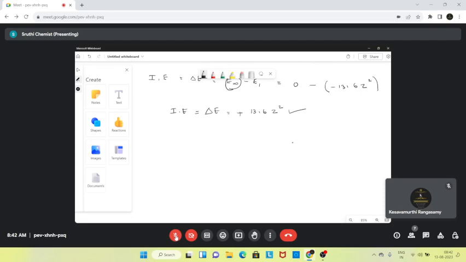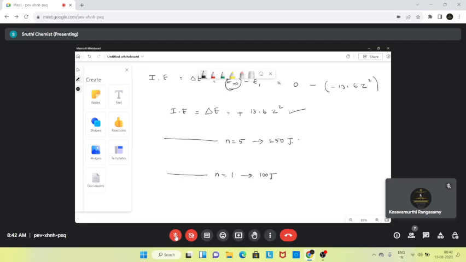Let's take a basic example. I'm not giving exact values, just basic. Here n is equal to 1 and this is n equal to 5. Let's imagine the first orbit has 100 joules, and the fifth orbit has 250 joules.